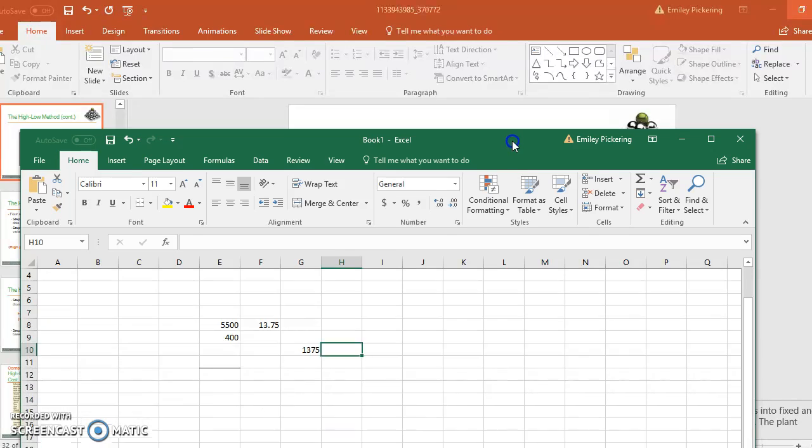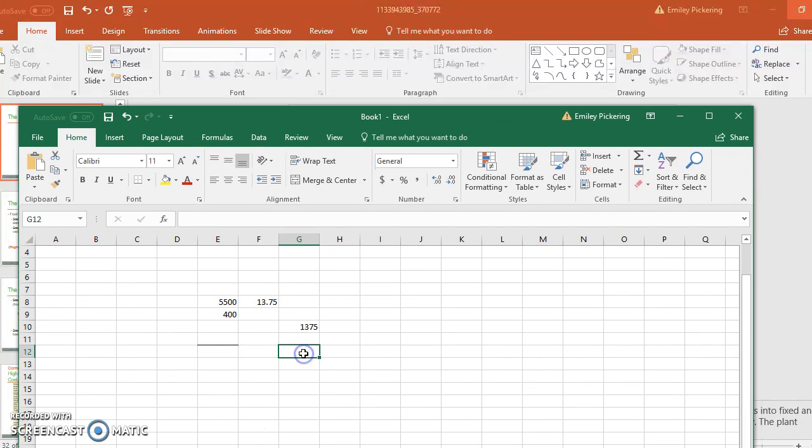Now I know my total cost was $2,000. So if my variable is $13.75 per move, my total is $2,000, then I can probably say that my fixed is the difference. Okay, so my fixed cost is $625. All right, I'm going to stop there and we'll start up with another version.